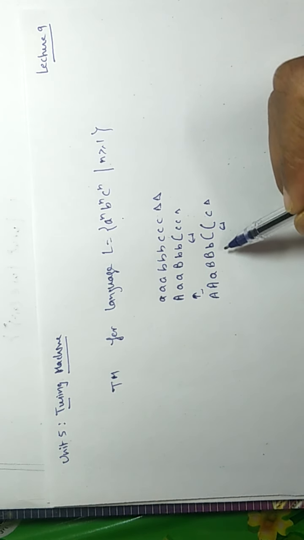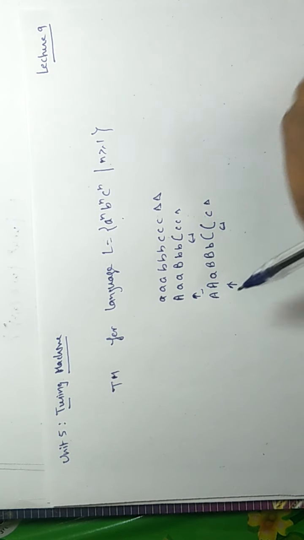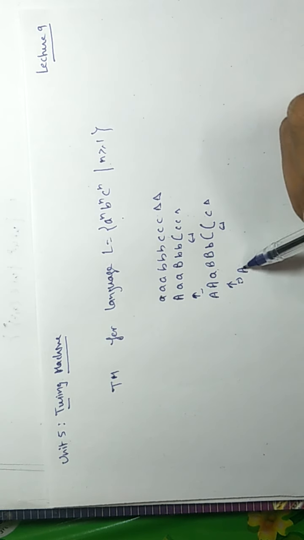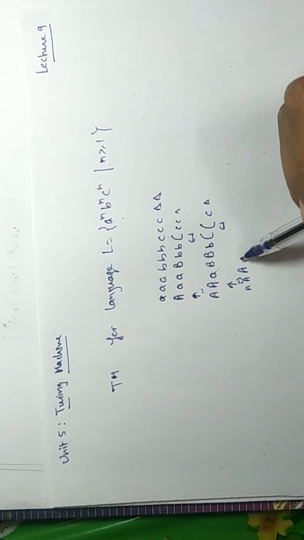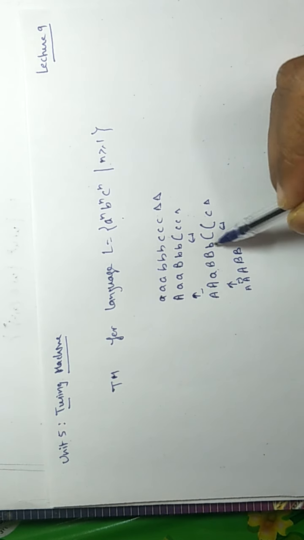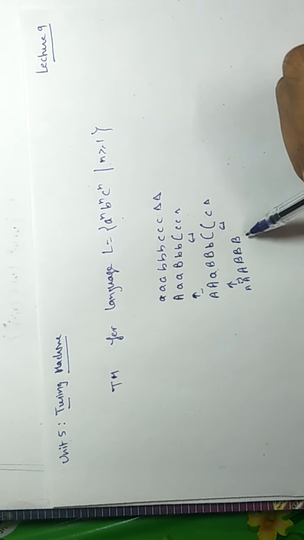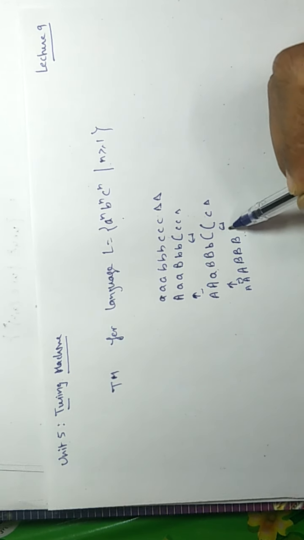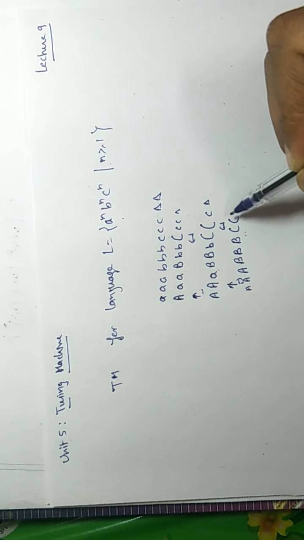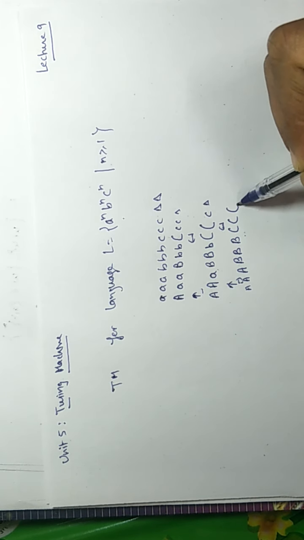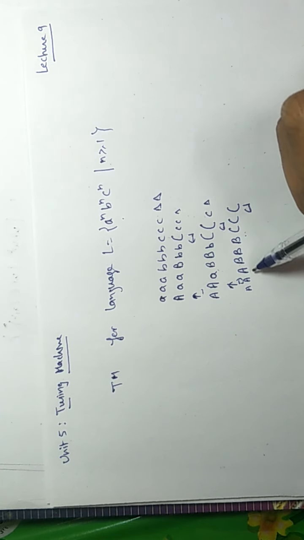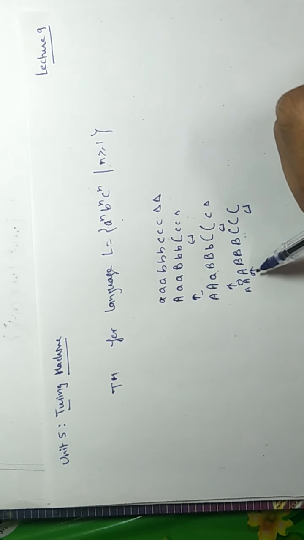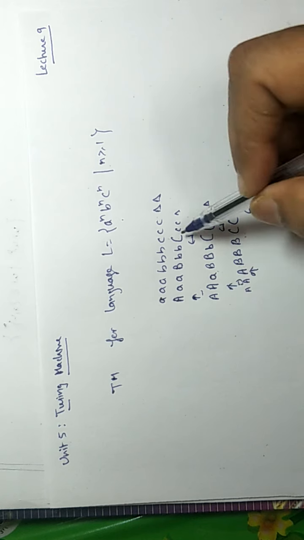So now we will move backward until we get capital A. In the right of this we will get small a again, convert this small a to capital A, move forward, we will get some capital B's, then we will get small b, convert this small b to capital B, then we will get some capital C's, then we will reach small c and convert this small c to capital C and move backward to check what is left after this a, again till capital A.